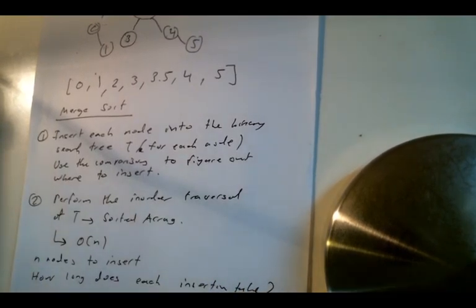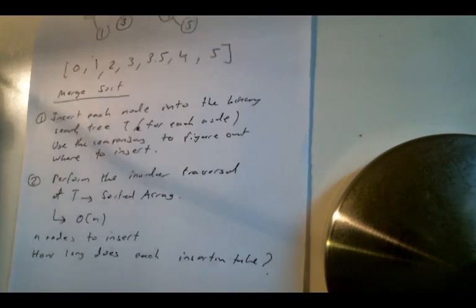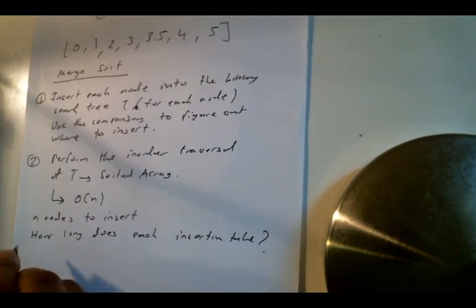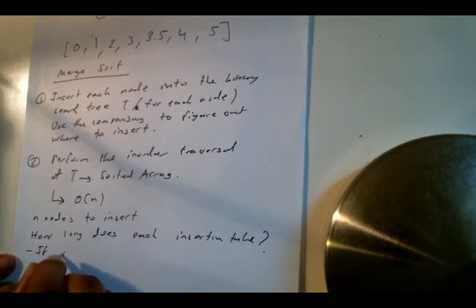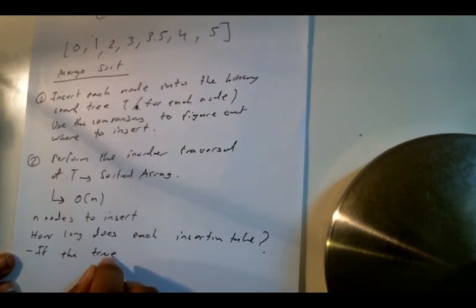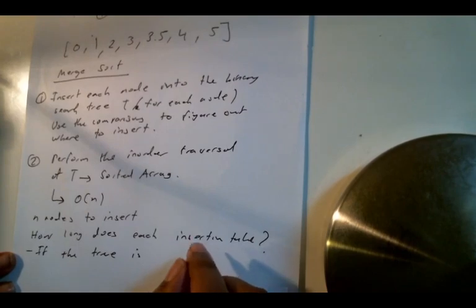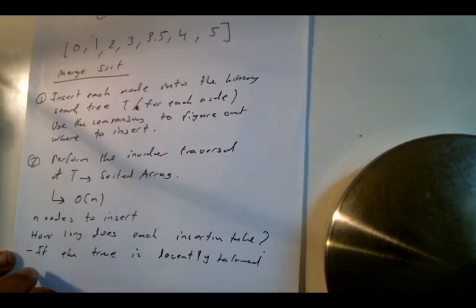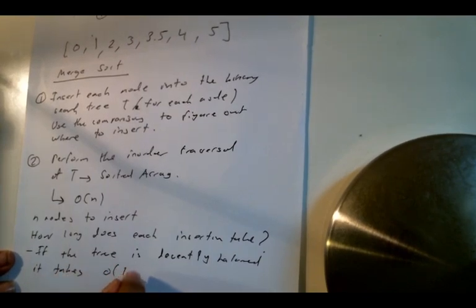Now, this is a good question. I mean, and the answer is very interesting. The answer is if the tree is decently balanced, it takes O of log n time.